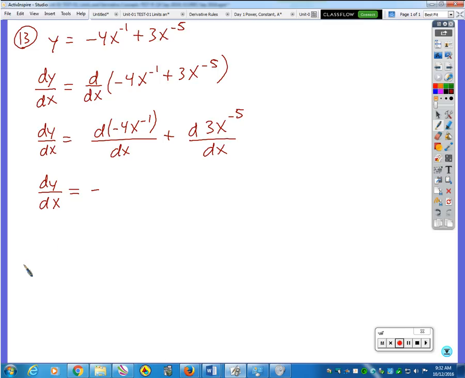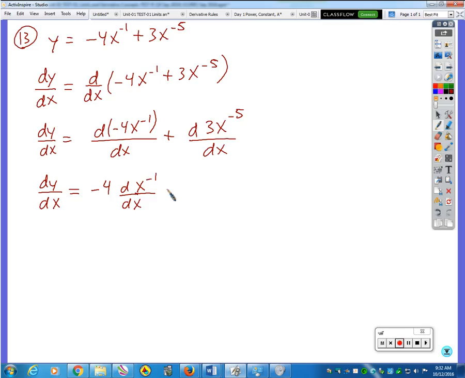You'd put negative 4 times, wait, let me look at my thing. Negative 4, sorry. I did it right though, that's the thing. Help him out. All right, so you're going to do d over dx of x to the negative 1.